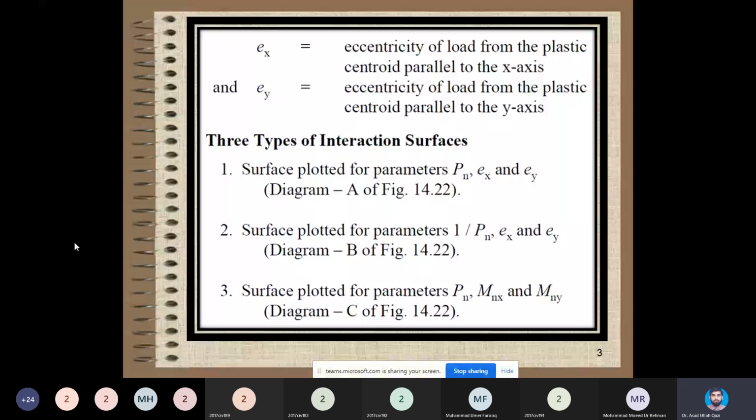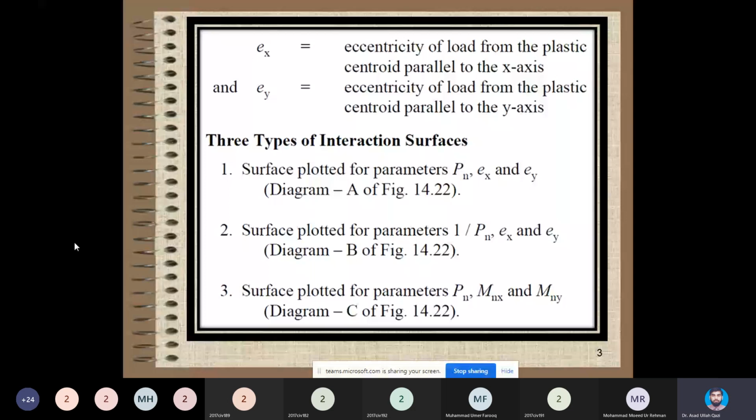That topic I have not included in the contents, but for columns under biaxial bending we want to discuss simplified methods of design, because the exact method of design will be a little lengthy and tedious. I will explain it briefly, but in literature you will find that for biaxial bending there are simplified methods, and we follow them when we want to design the column manually.